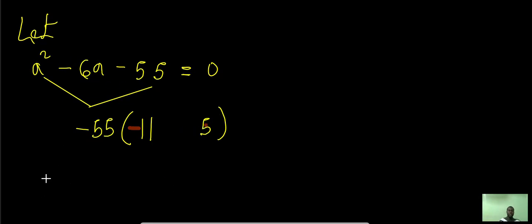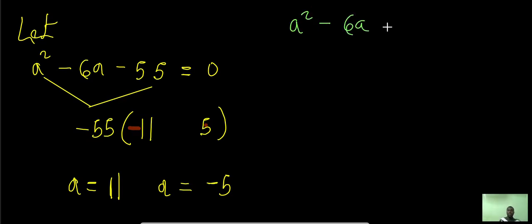So I know if I solve that with my factorization, which I'm not going to teach here, a will be equal to 11 and a will be equal to minus 5. Now remember that we actually want to solve the inequality which says a squared minus 6a minus 55 greater than 0. I also have a video on quadratic inequality precisely.